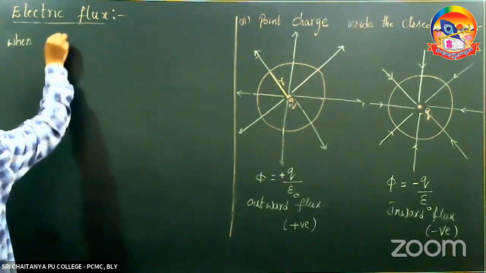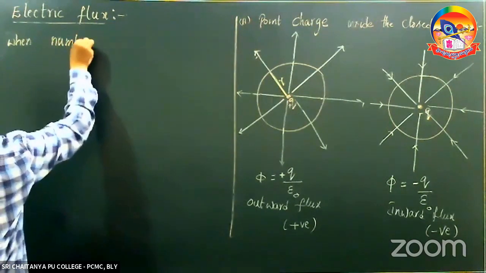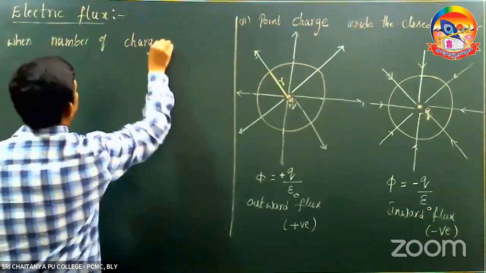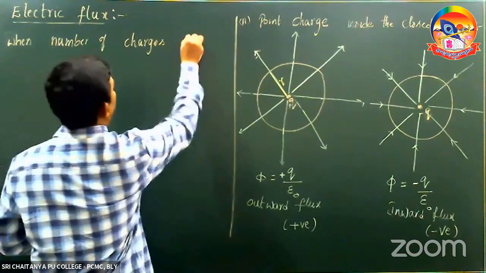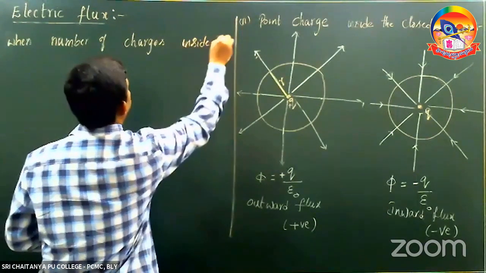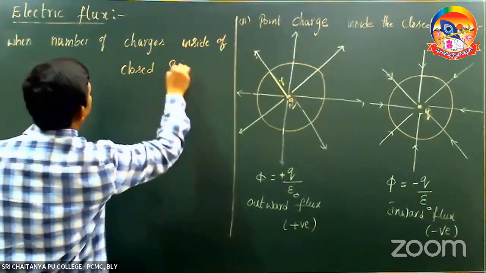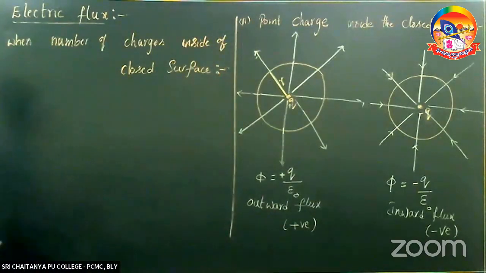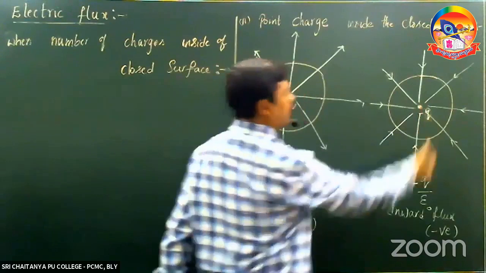When some number of charges inside a closed surface. Number of charges inside a closed surface. There is only one charge here, and here also there is only one charge.